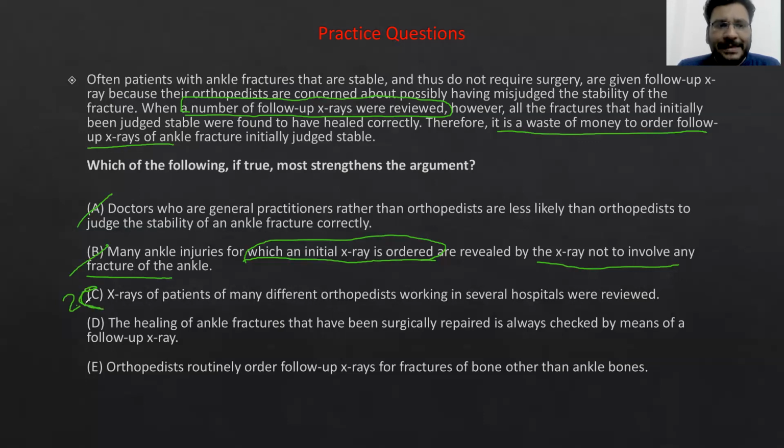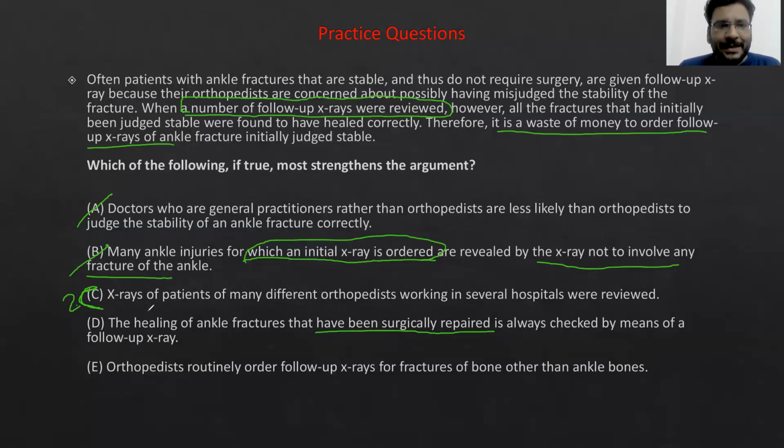That this clearly suggests, okay, let's avoid follow-up X-ray. So that's what I'm looking for in the right option. So let's hold on to option C. Now, D says the healing of ankle fractures that have been surgically repaired. Remember, we're not talking about surgically repaired fractures, right? That's point number one.